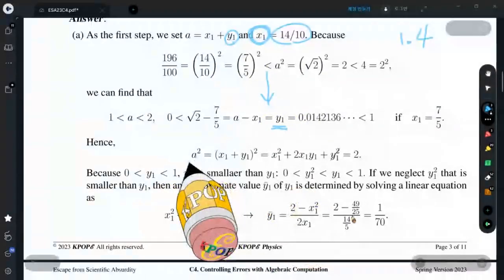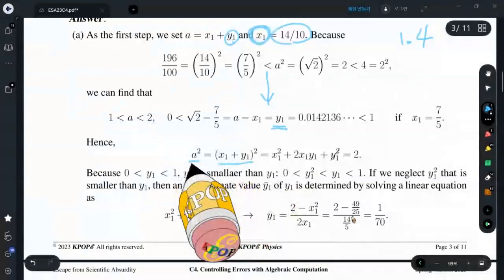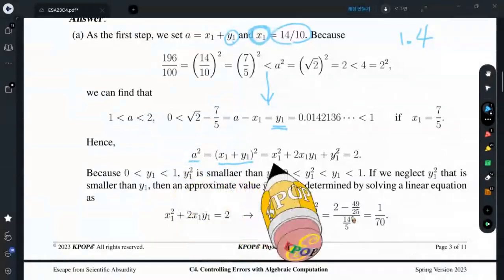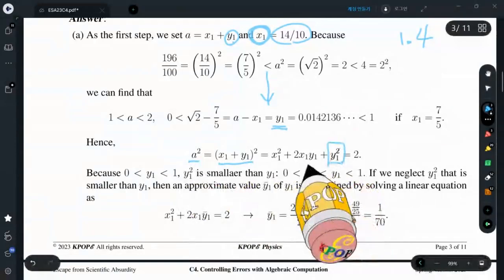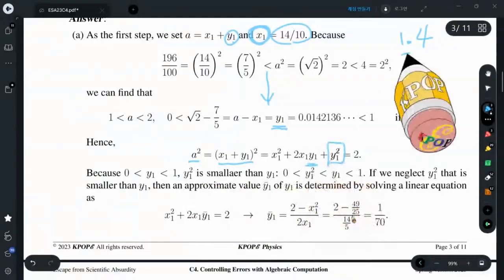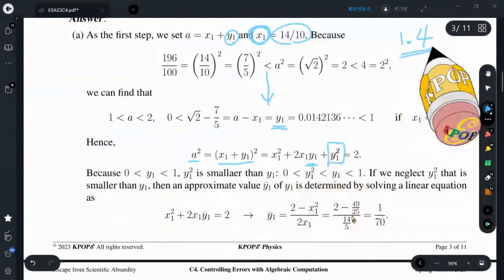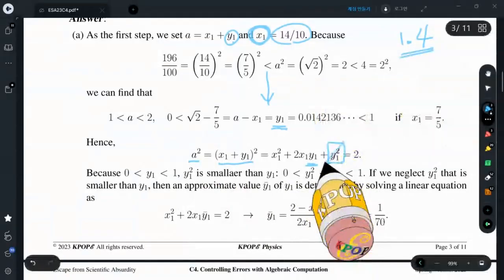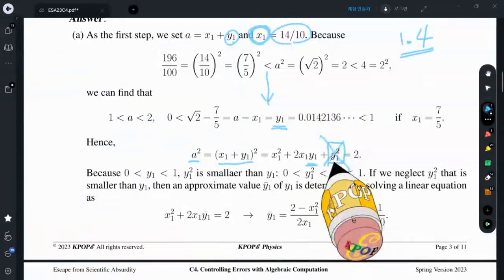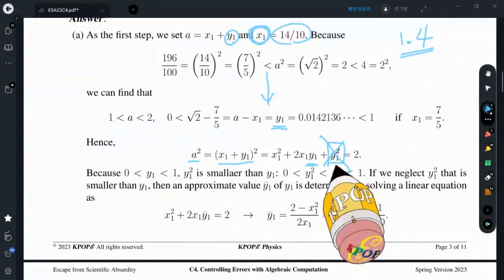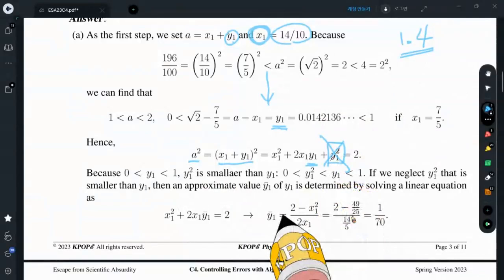At first step, it should be the same as a square. However, we know this y1 squared is much smaller than y1 because we began with a very close value to the square root of 2. So why don't you neglect this term? If we do not neglect this one, we have to solve the quadratic equation, but solving the quadratic equation involves the square root of 2. So we'd like to omit that part.